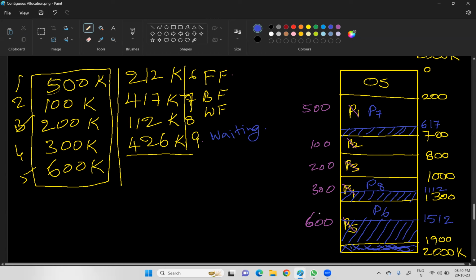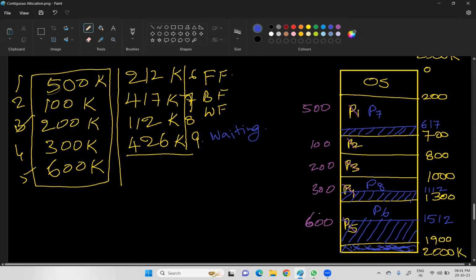That is why first fit and worst fit can create some problems while allocating processes in the memory of contiguous allocation. So people will select best fit. Before that, worst fit means allocate the largest hole to the process existing in the ready queue.